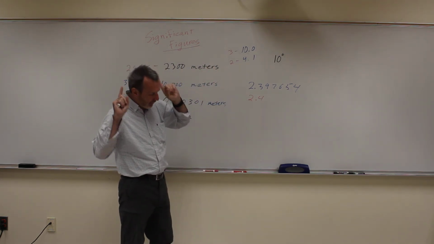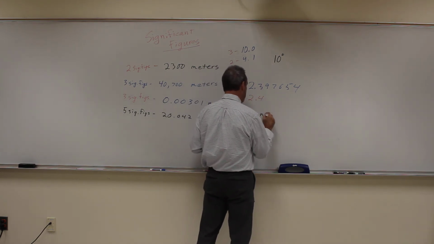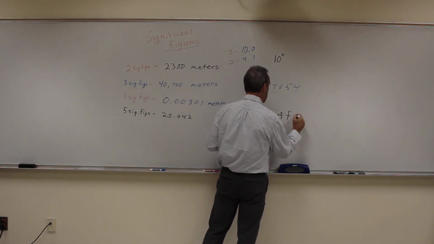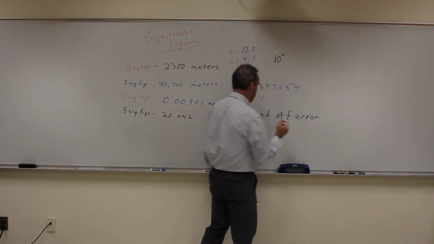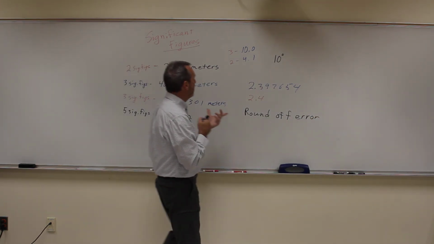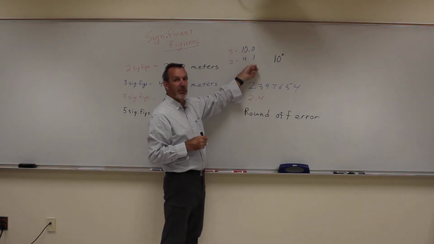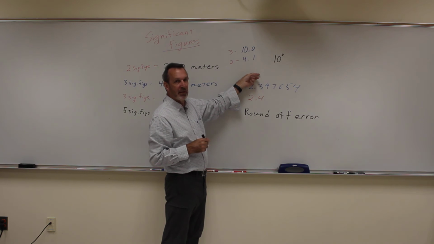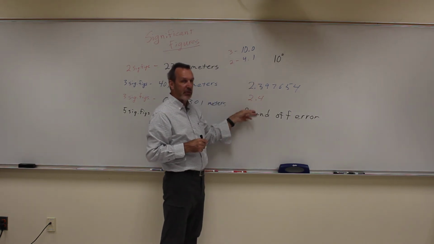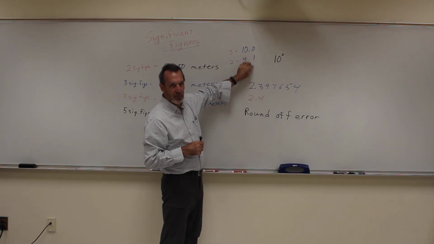So the other thing, that big problem that I have students do, is something called round-off error. Because we're going to do problems that have many, many steps. And when you have many, many steps, if I have to say, oh, I have to take these numbers to get another number, and then I have to take that number and multiply by another number I derive to get the final answer. Don't round off your numbers in the intermediate steps.